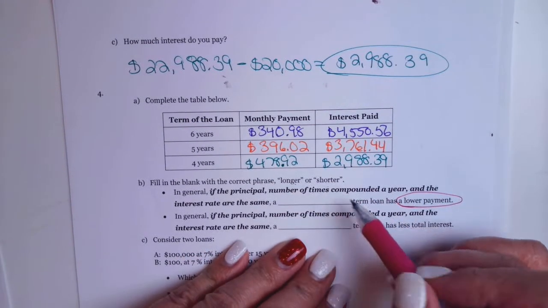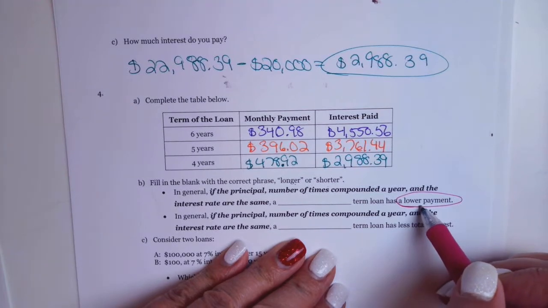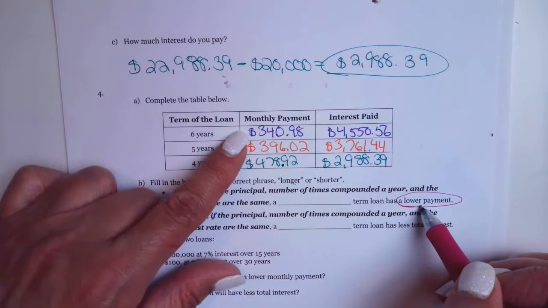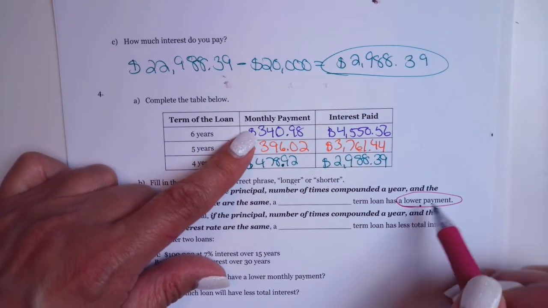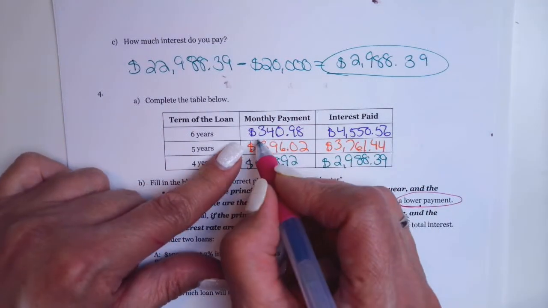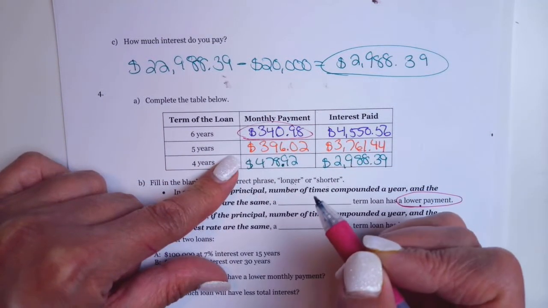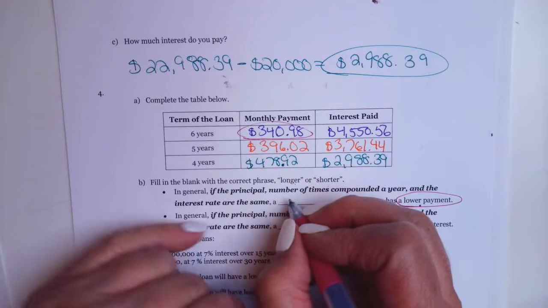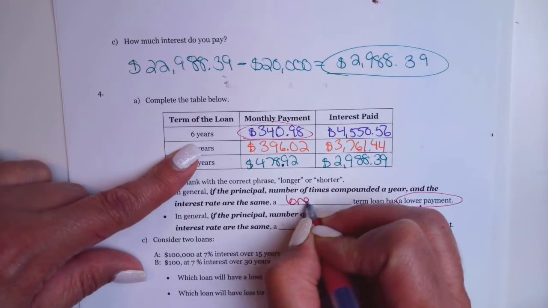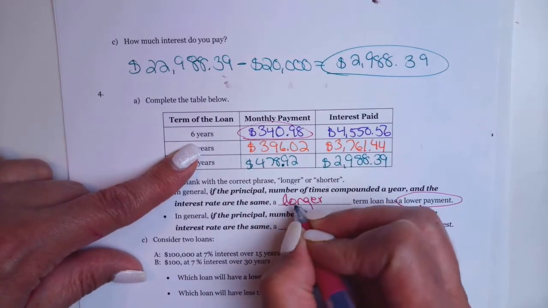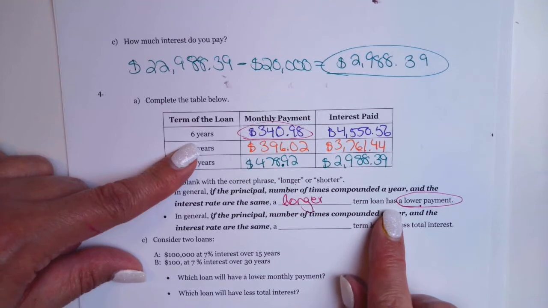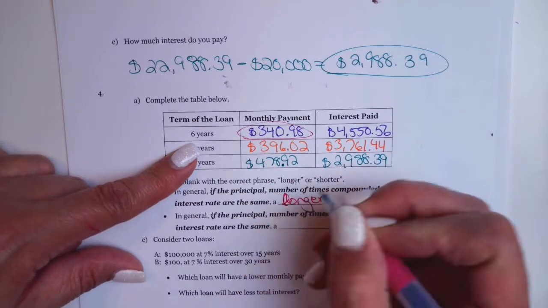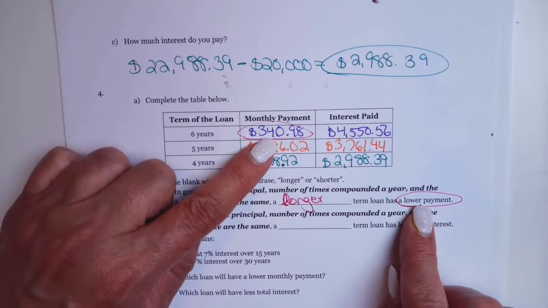The longer or the shorter? A lower payment is this one here, which is the longer term loan. 6 years has a lower monthly payment.